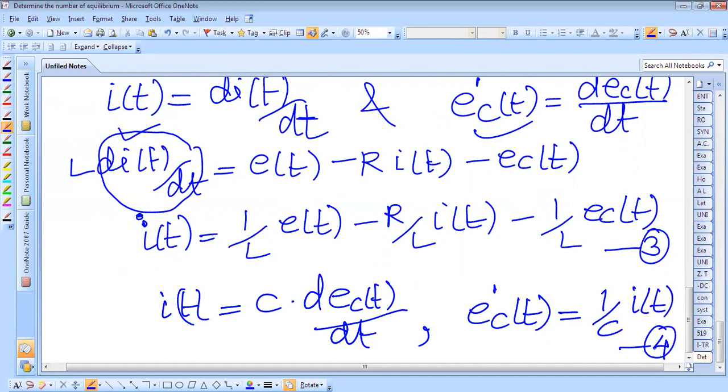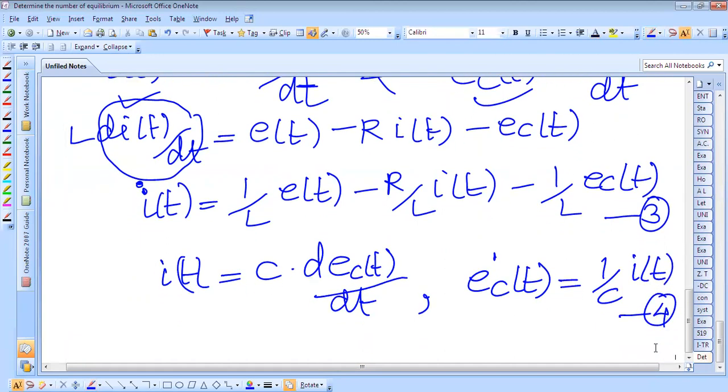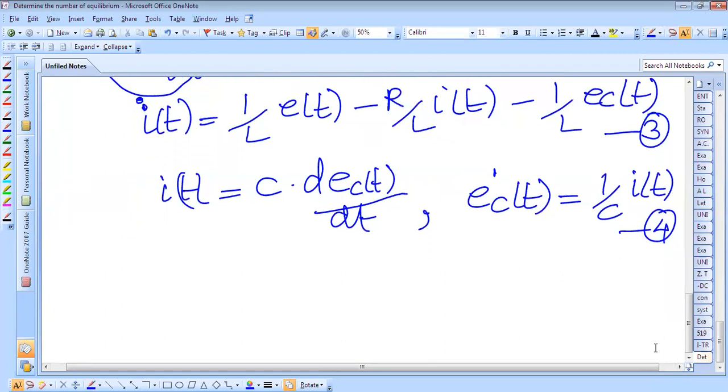Now from equation 3 and 4, we can directly write the state space representation.